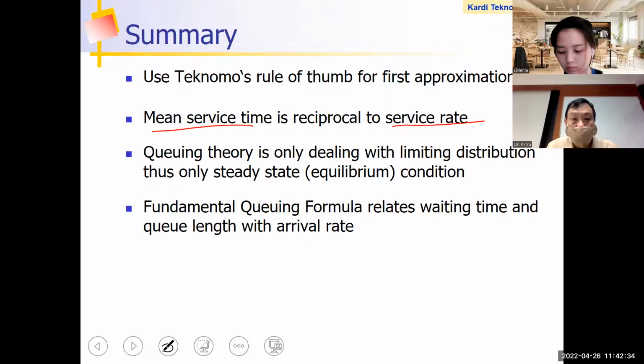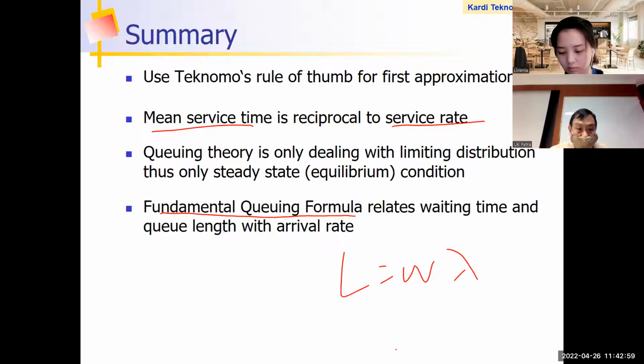The theory that we develop in a moment is just about the limiting distribution on the steady state condition. And there is John Little's law, called the fundamental queuing formula, that relates L equal to lambda times W.